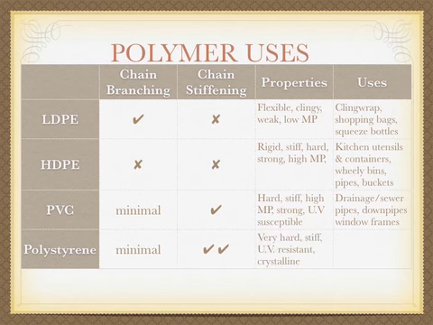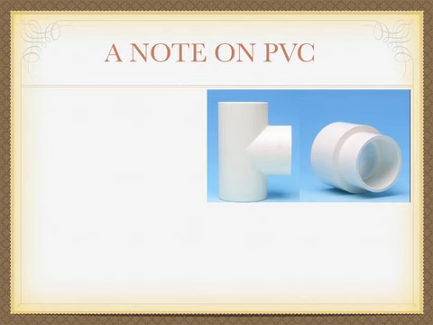This means that it's a very hard, stiff polymer that's also resistant to UV light, so it can be used outside, and you tend to find polystyrene in tool handles, CD cases, but also packaging and disposable cups. So there is a table that relates the properties of a polymer to the uses or function of that particular polymer.